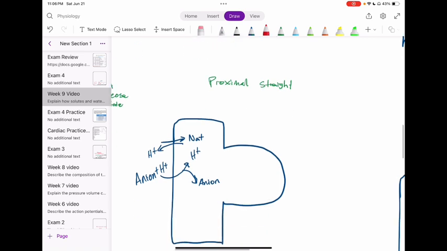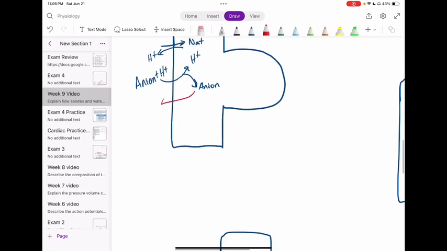And then once again, we'll use this anion to come back out of the cell and use it to bring in chlorine. This chlorine can then go through the cell in this channel called CFTR.